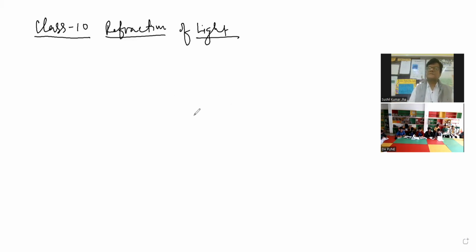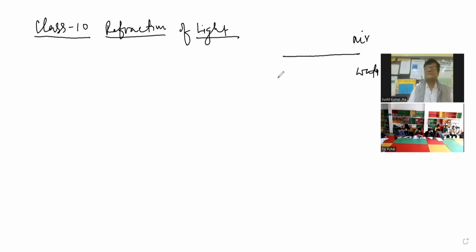So we introduce this: when a ray of light passes through different media, refraction takes place. That we show with the help of a diagram. Say the first medium is air and the other medium is water.